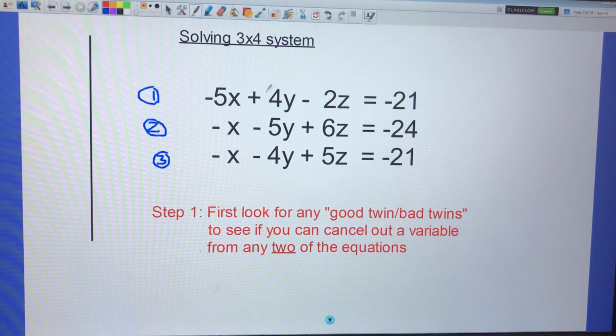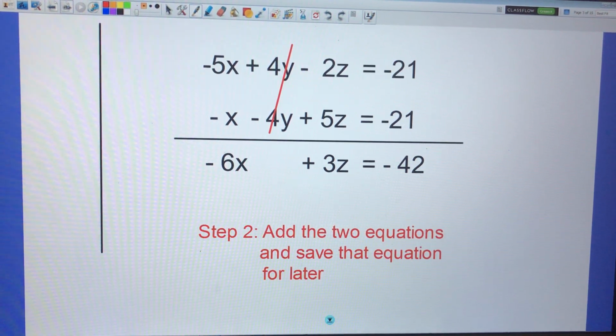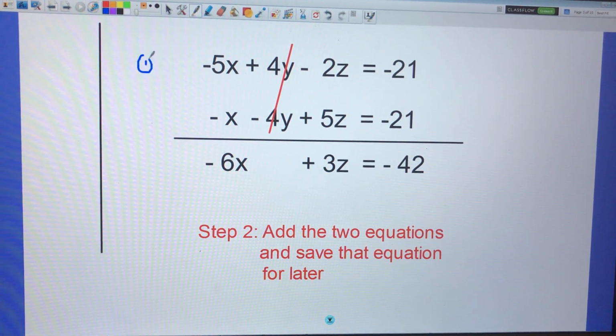And what you did yesterday is you had to write equation 1 and equation 3 right on top of each other. So I'm going to do that first. This was equation 1 and equation 3. The reason why we did that is so we can cross out the y twins.